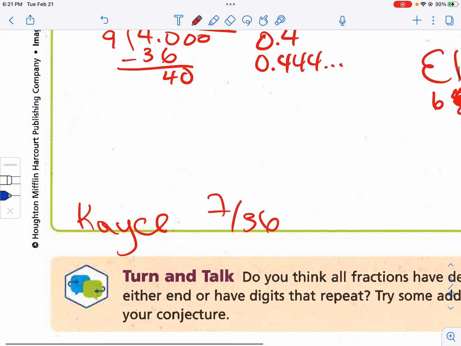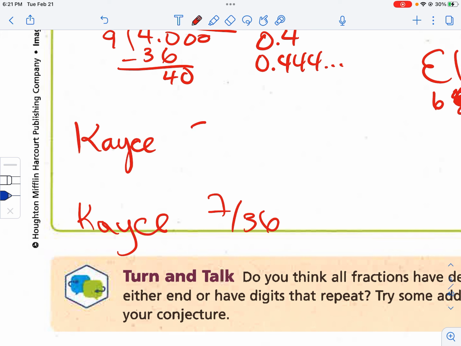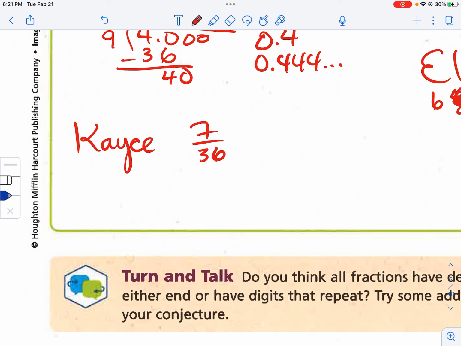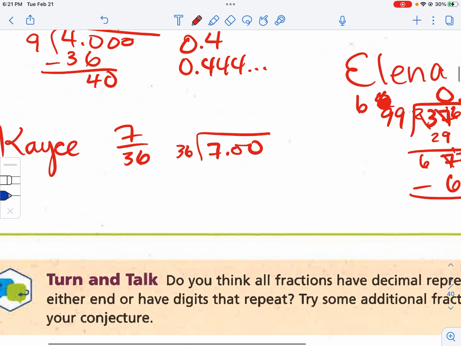And last but certainly not least, I'm going to write Casey a little bit higher, just so that we have some room here. So 7 divided by 36. I'm going to say that goes in 1 time. Don't prove me wrong here. That'll be 4, 34.